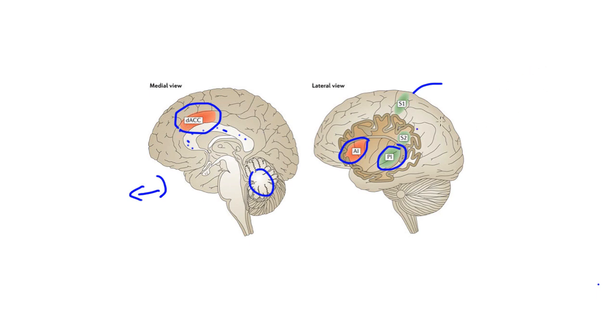You'll notice the anterior insula, the ant-ins, and the dorsal anterior cingulate cortex are in red, whereas S1, S2, and a related region called the posterior insula are in green. That's because we know these areas respond to different aspects of a noxious stimulus.